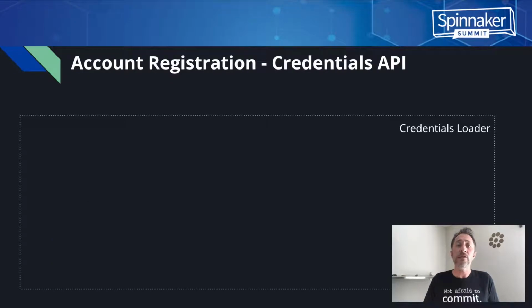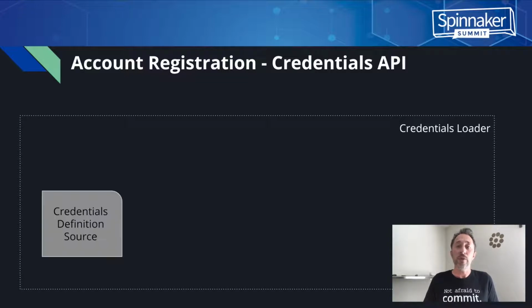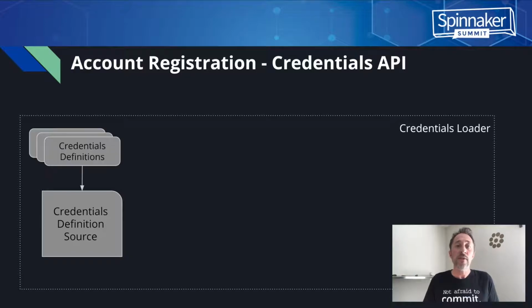The implementation consists of the following parts. When a credential loader starts, it will find a credential definition source, which can read credential definitions. A credential definition is just an interface that is required to have a name. The credential loader then determines which account is new, updated, or deleted by comparing the definition content and name to what is currently out there.